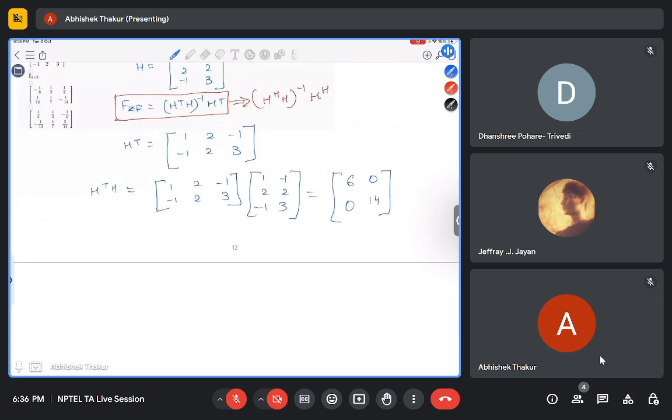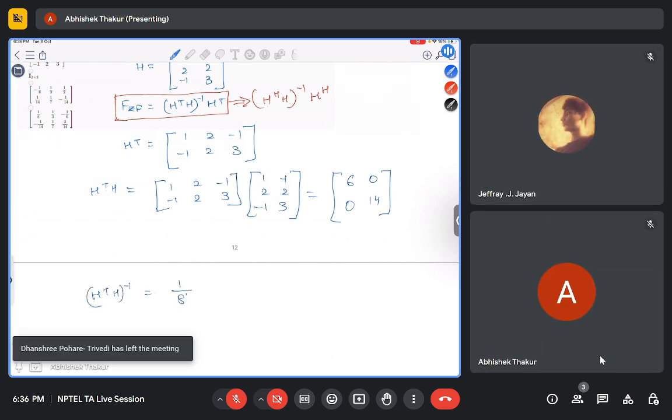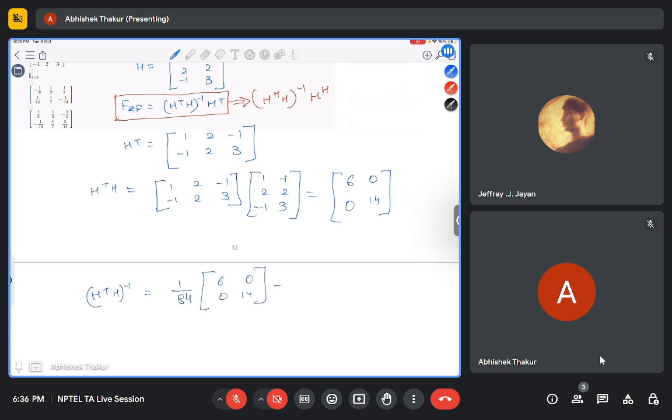So this is our H transpose H. Now H transpose H inverse is given as 1 by 6 and 1 by 14.